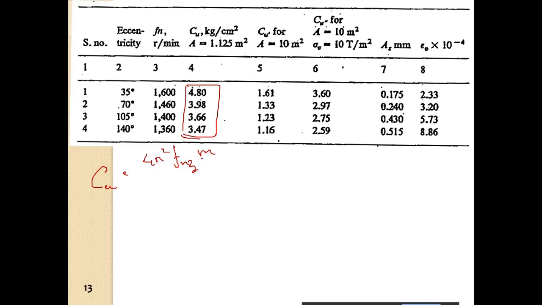The machine you can take to be 100 kg. This is divided by A, the area of the base of the foundation, which is 1.5 into 0.75 meter. Of course, the units have to be consistent.